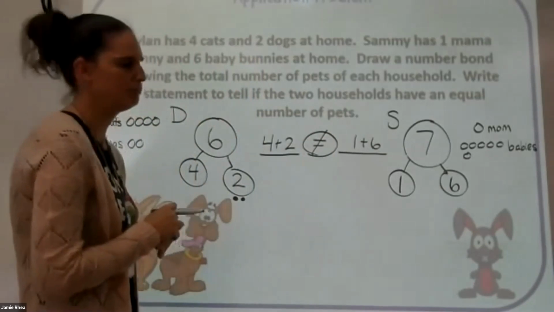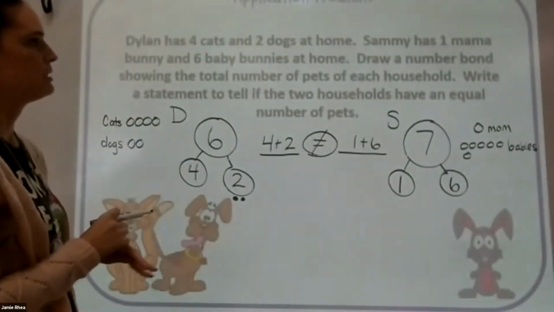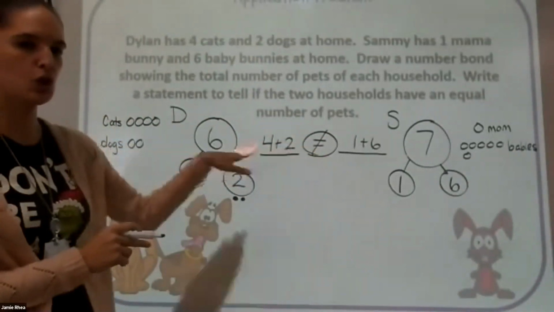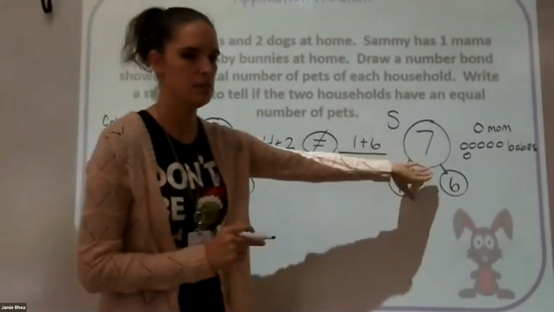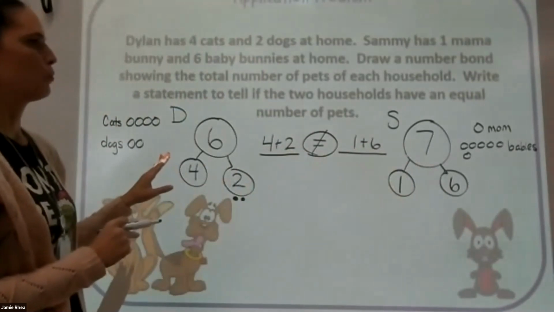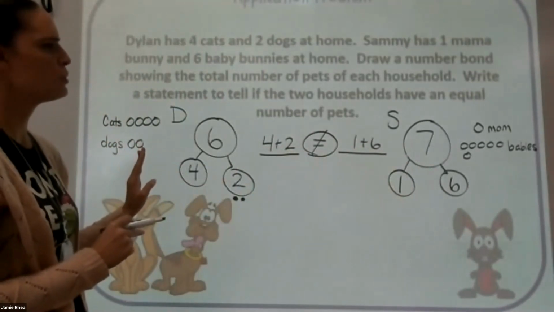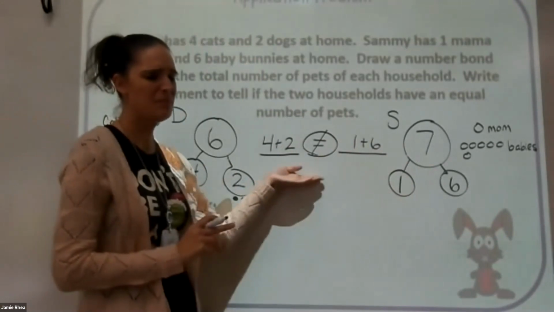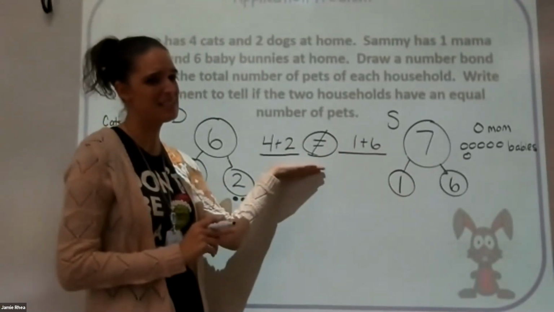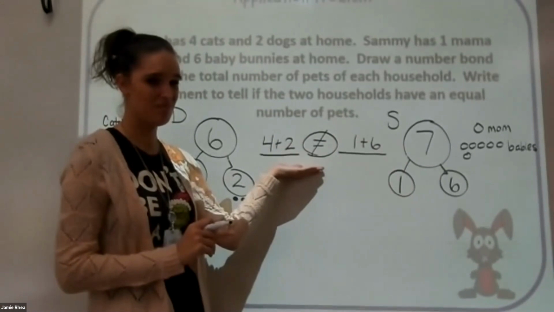That's not equal. Okay, so now, did I draw 2 number bonds to show the total of pets in each household? Dylan's, Sammy's. Did I write a statement to tell us the 2 households have an equal number of pets? So I have a math sentence, a statement.